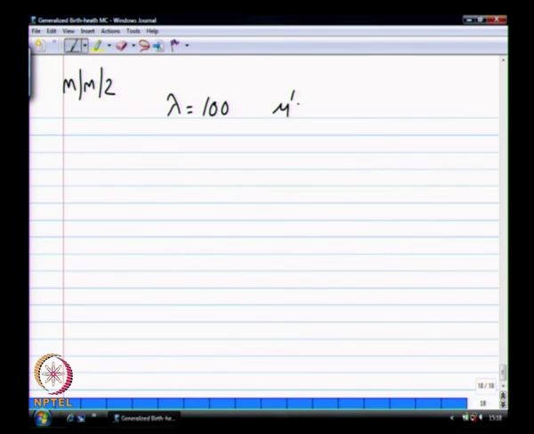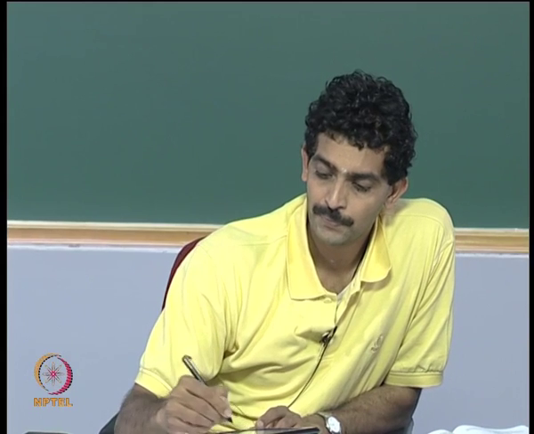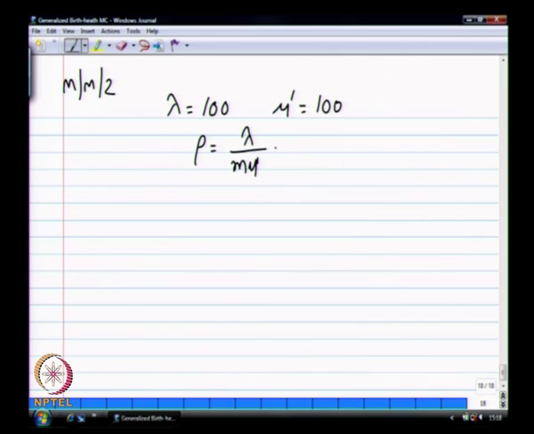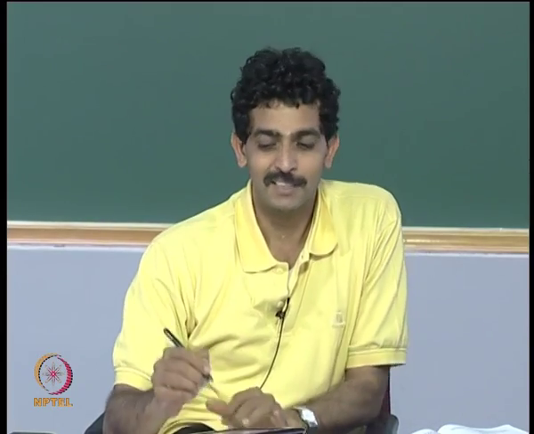So mu dash is 100, and rho is lambda by m mu dash, which is 0.5. m rho is 1. I have given you a very simple calculation, m rho equals 1 should not be that difficult.